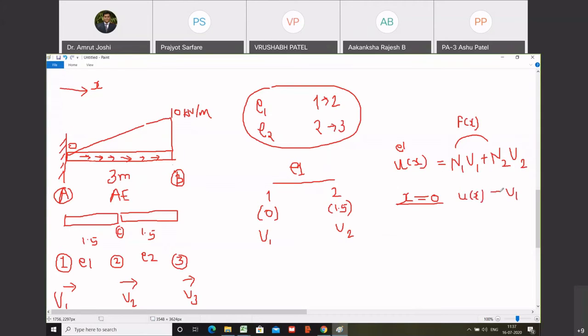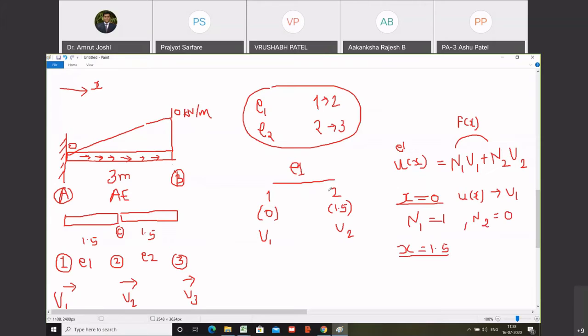At x equal to 0, I want u of x to assume the value u1. So that means when x is equal to 0, I want N1 to be equal to 1 and N2 to be equal to 0. Do you agree with me? Yes, sir. Now let us do one more thing. When x is equal to 1.5, where am I?